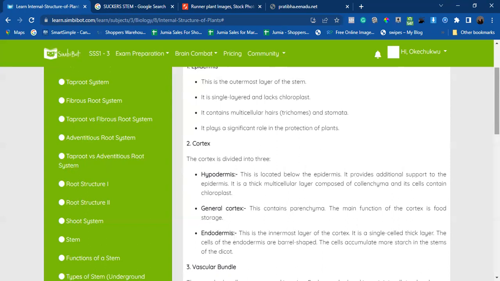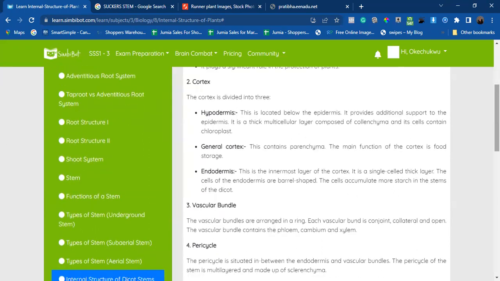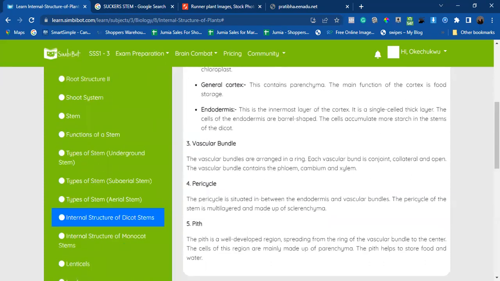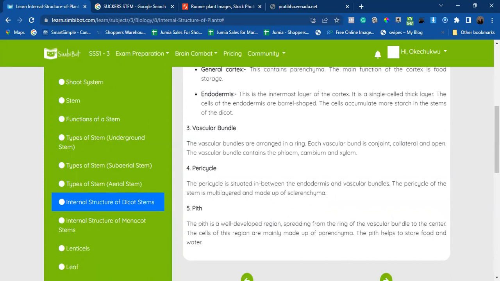While the endodermis is the innermost layer of the cortex. We have the vascular bundle. That's where the phloem, the xylem, and the cambium are found: the xylem, phloem, and cambium.